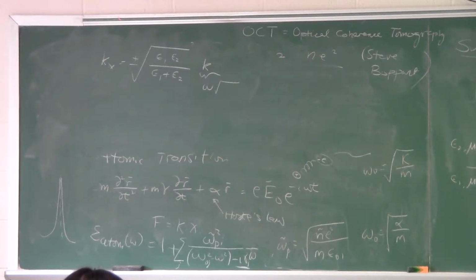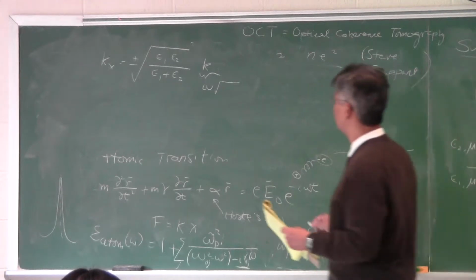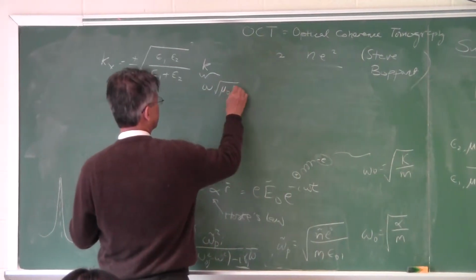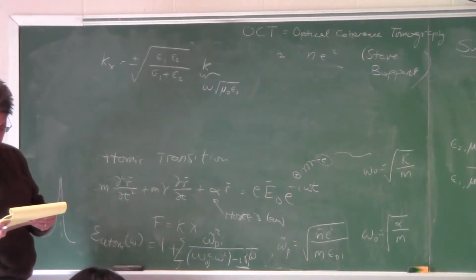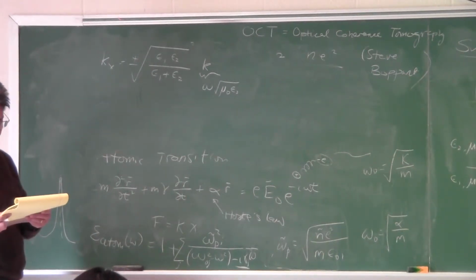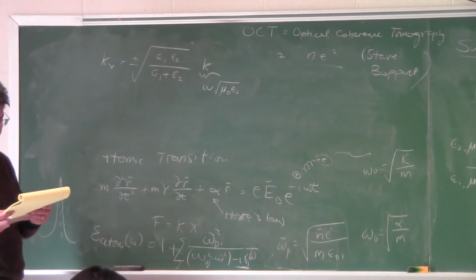I can call this relative permittivity, and then I can define my K. I think that's what the textbook uses. Call those relative permittivity.